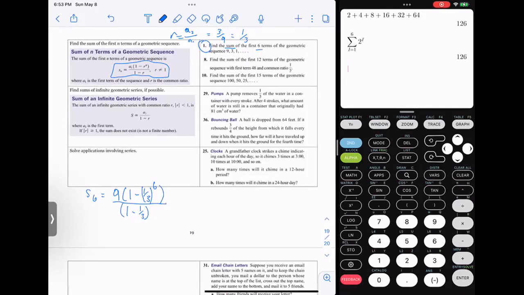So we can plug that in your calculator. We get 9, 1 minus 1/3. I always recommend making it look like how it looks on the paper.